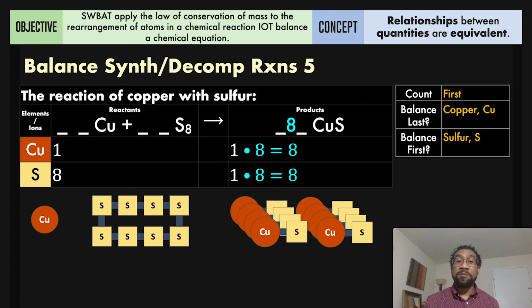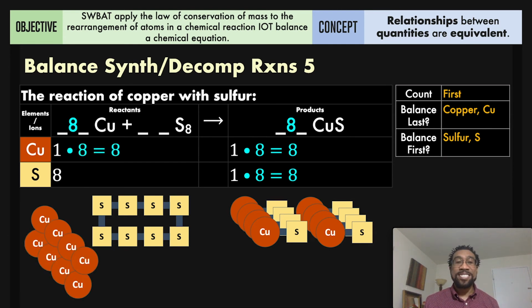And so things look good with sulfur, but now copper is looking a little crazy. Copper is outnumbered on the product side compared to the reactant side. So what do I need to multiply by on the reactant side, the left-hand side of the equation, to get 1 equal to 8? Well, I'm also going to multiply that by 8 as well. See that imagery?